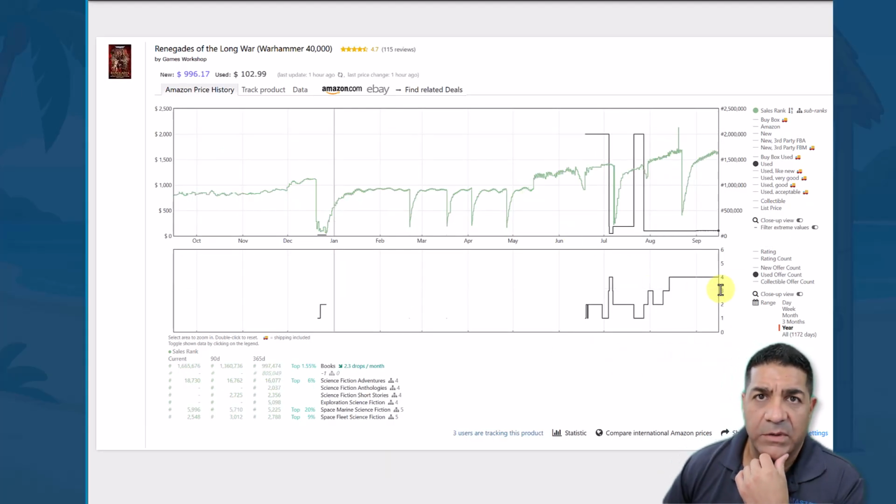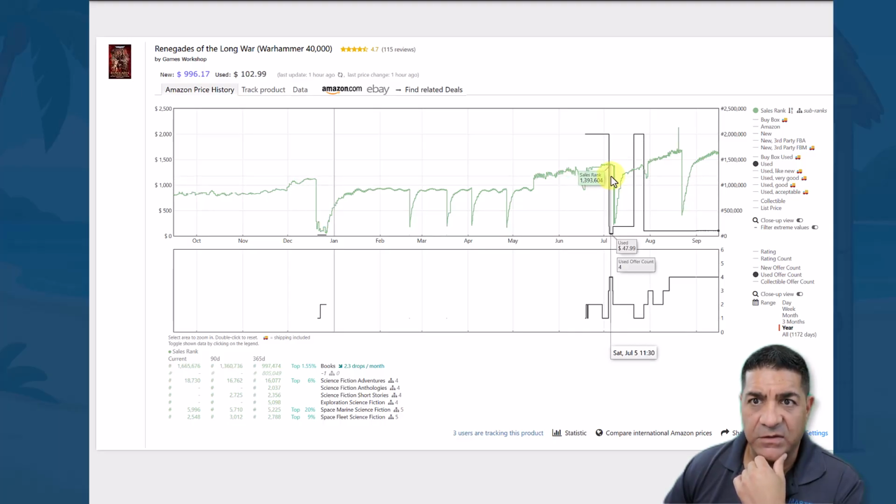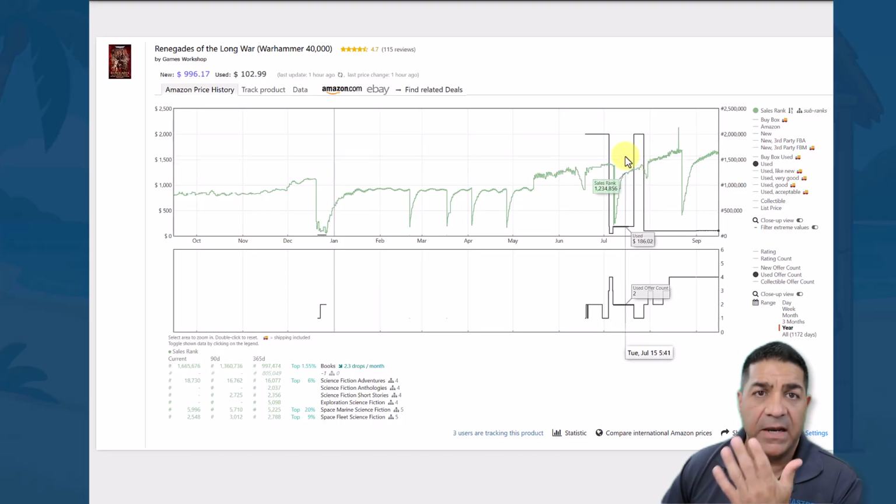The other thing I want you to have command of is understanding the scale. I know I've talked about this in the other video. You can see on the left here, the scale goes from 0 to 2,500. That's really not that helpful when looking at the Keepa chart when the scale is that large. The reason it's that large is because someone was listing the book for nearly $2,000 in used condition. So how do we adjust it?